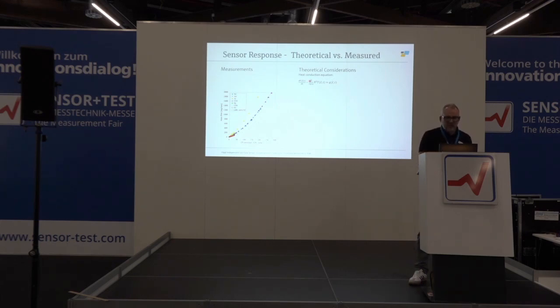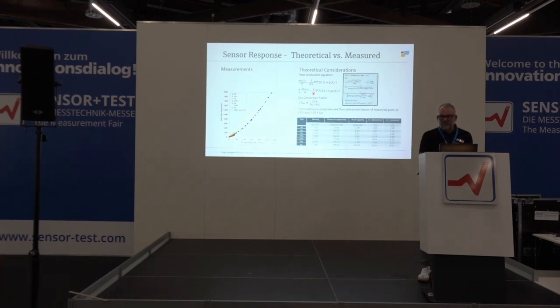And if you look at the theoretical considerations, you have this heat conduction equation, and if you plot mass flow, you see it's somehow dependent. That's the heating power. You have temperature difference, and then there is this factor thermal conductivity divided by heat capacity, which is somehow the gas conversion factor which you have to correct for the gas.